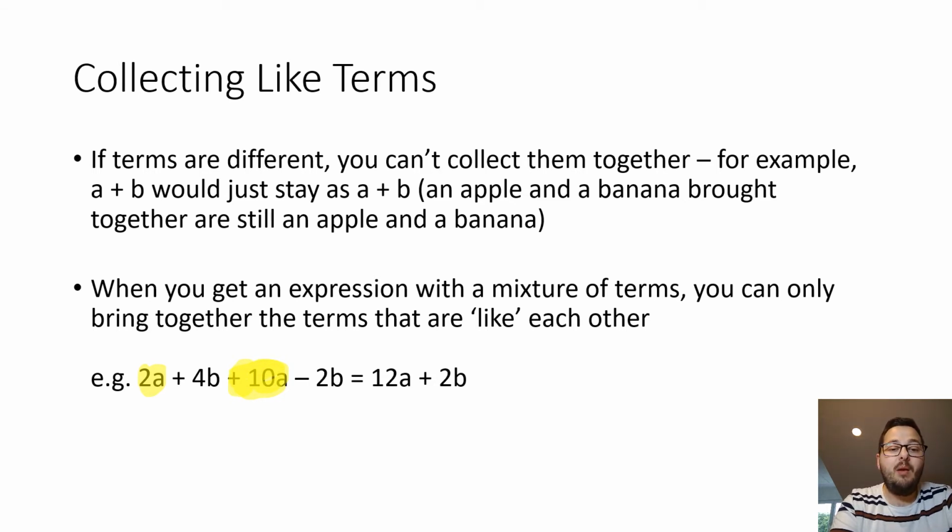So 2A plus 10A, well, that's going to give you this 12A. And then similarly, you can check the B's. So we've got 4B there, and we've got minus 2B there, and 4 minus 2 is 2. So what you're doing is you're bringing together the things that are the same.